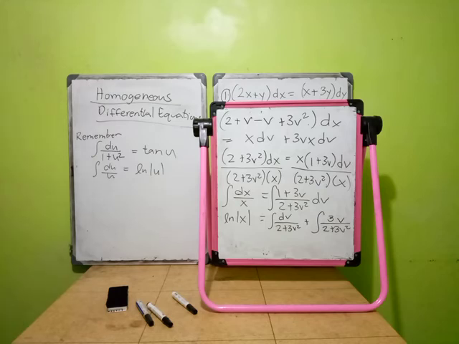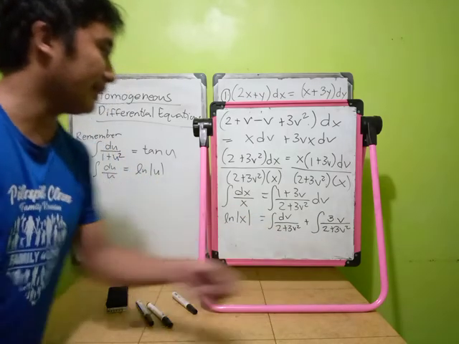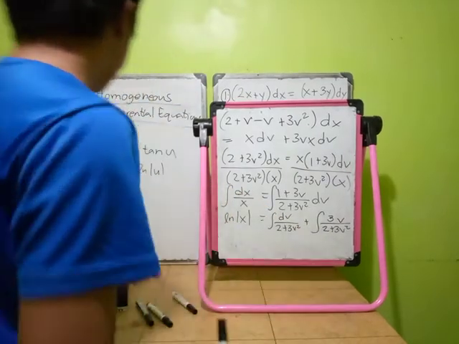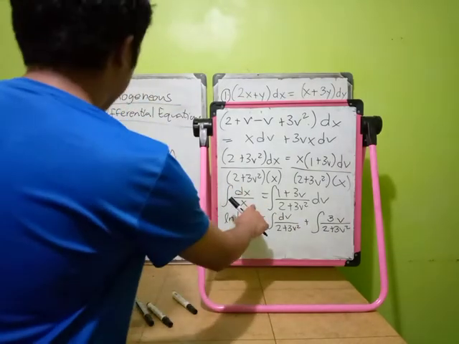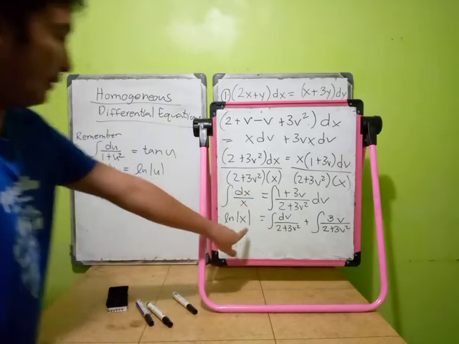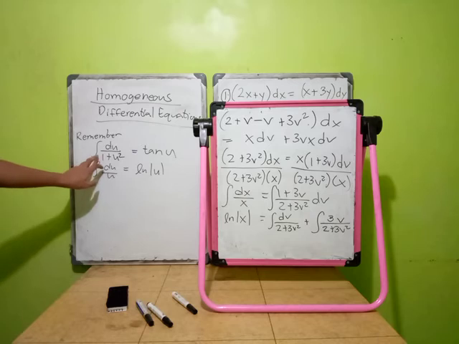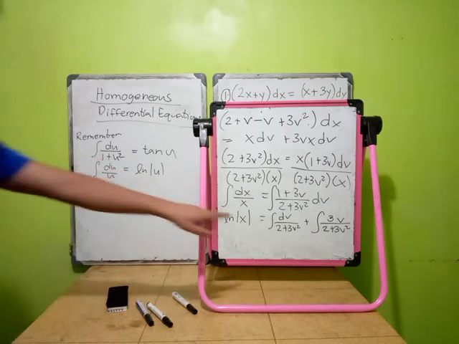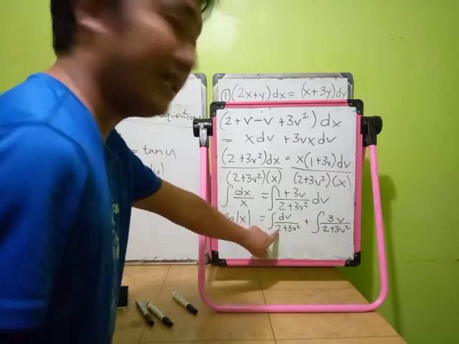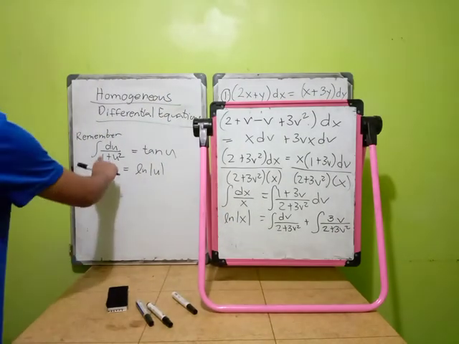Okay, so here we identify what our u is. Iba yung dito. Alam naman natin na dx over x, okay? From here, ln x kaagad ito, pero dito hindi natin ma-apply ng directly. So yung u natin dito is, okay, let's convert it into the constant beside it.